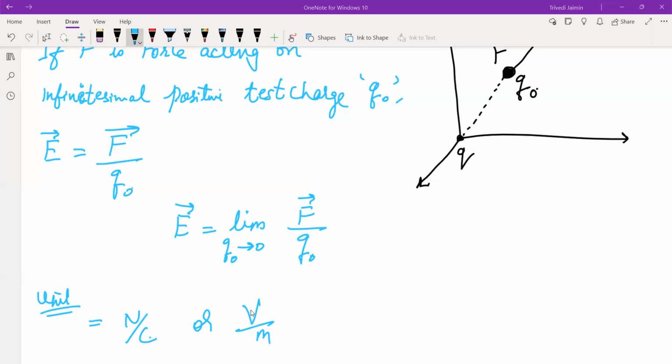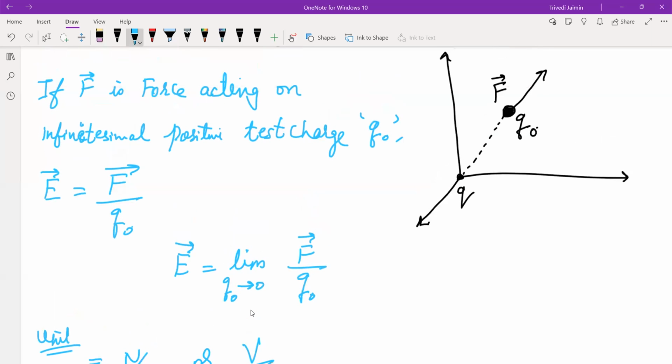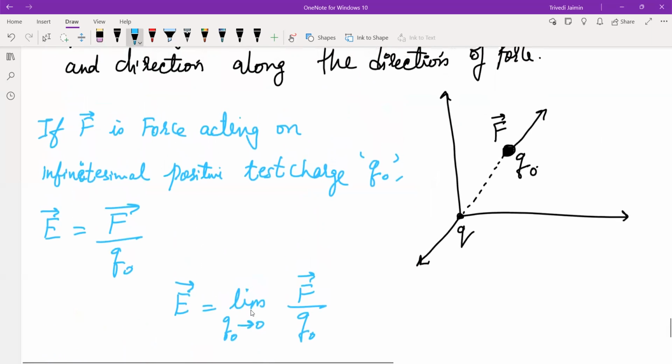Can you remember this? Yes, sir. So now, substitute the force value from this diagram. There will be one Q and Q naught. F equals K Q1 Q2 by R square.